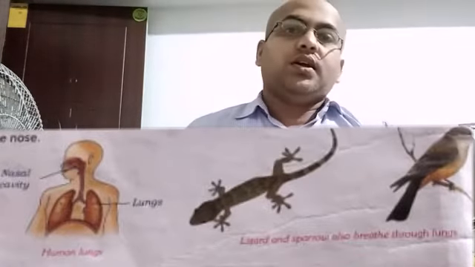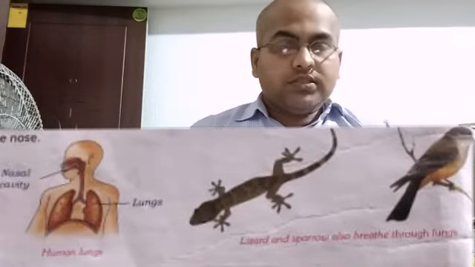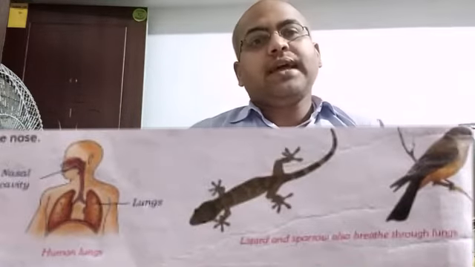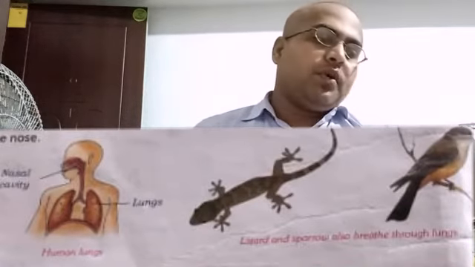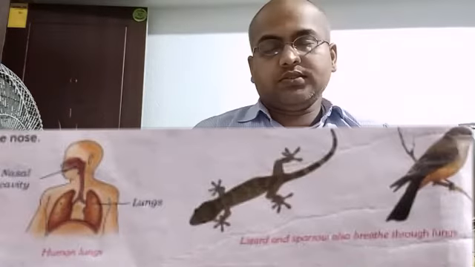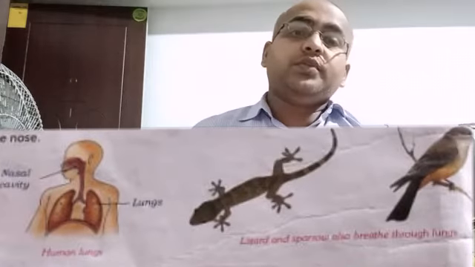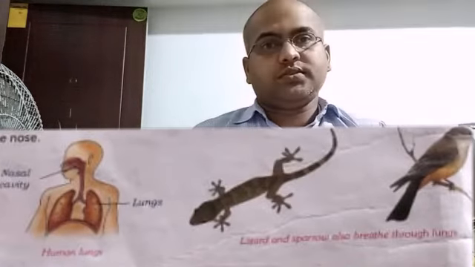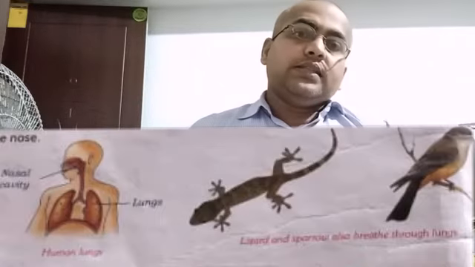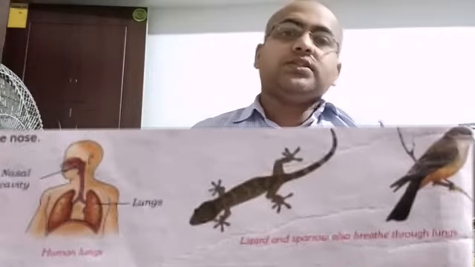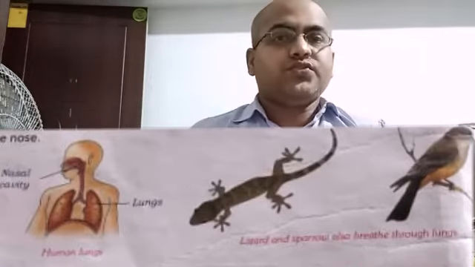The next types of animals are birds and mammals. These animals breathe with the help of their lungs. The internal structure of lungs is like a balloon structure.